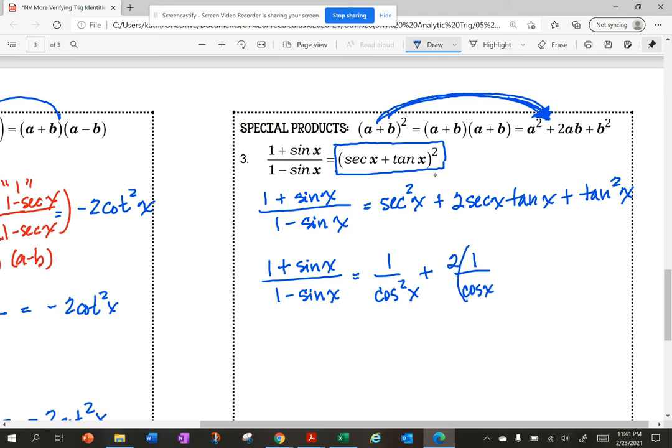So I'm going to write it like this. These are all multiplied out. Tangent is going to be sine of x divided by cosine of x, and tangent squared is going to be sine squared of x over cosine squared of x.